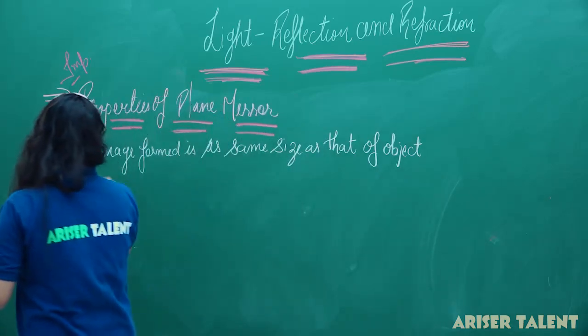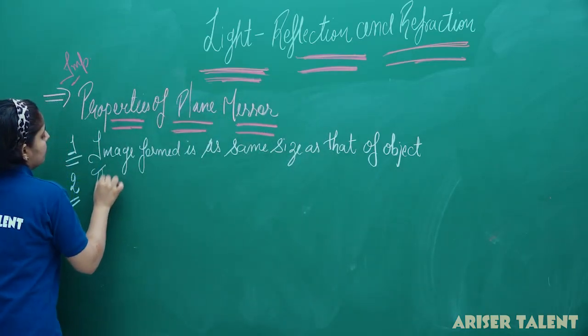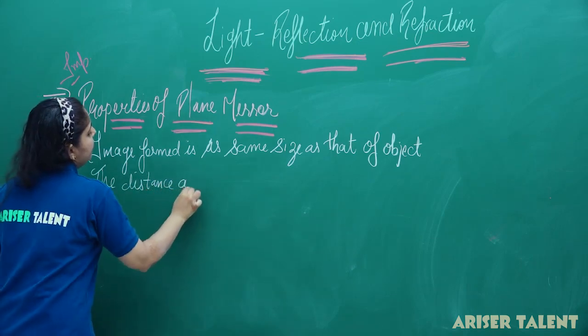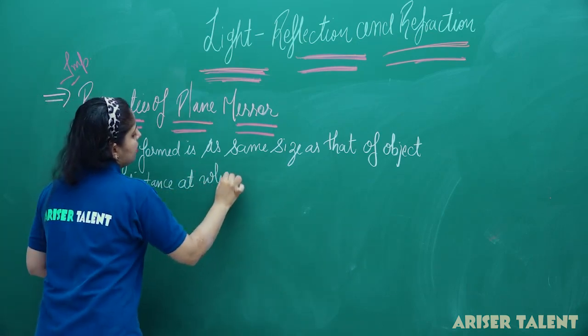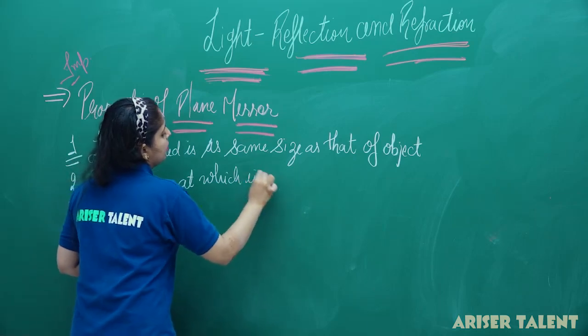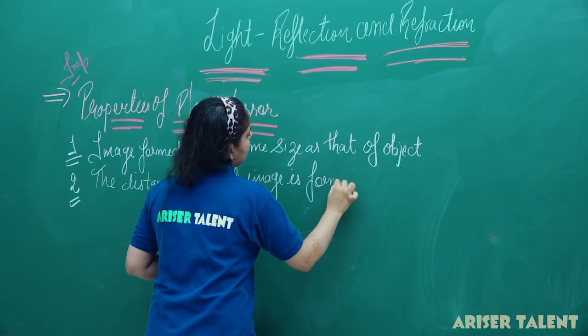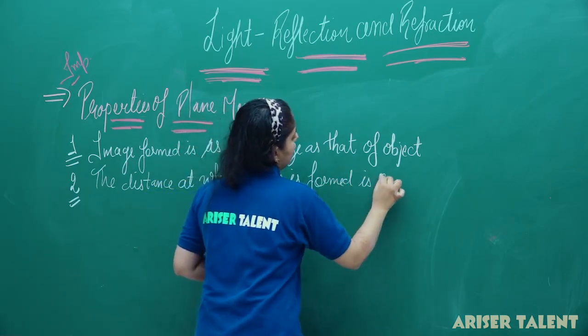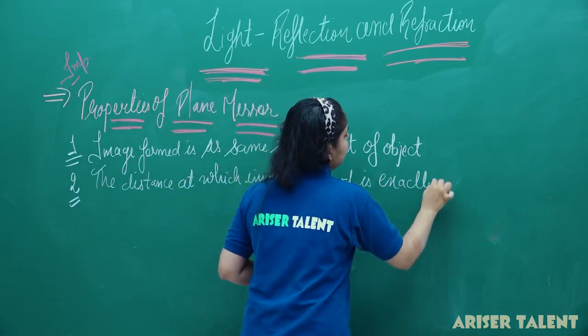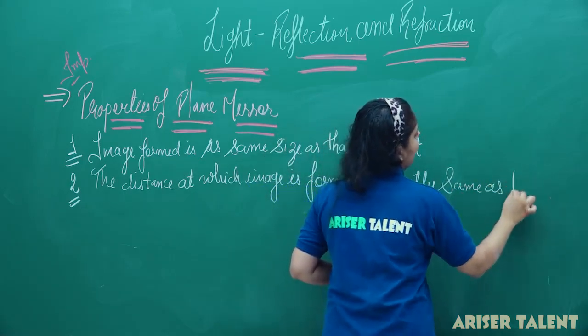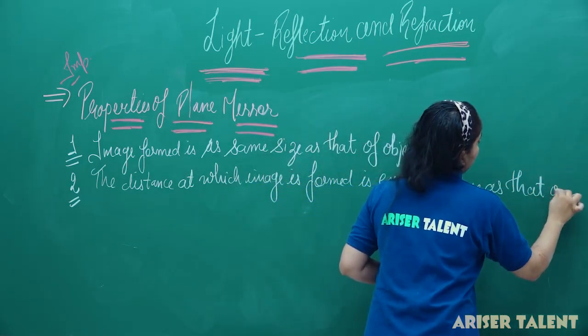So, we can say that the distance at which the image is formed is exactly the same as that of the object.